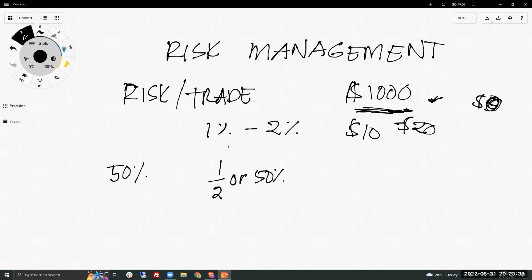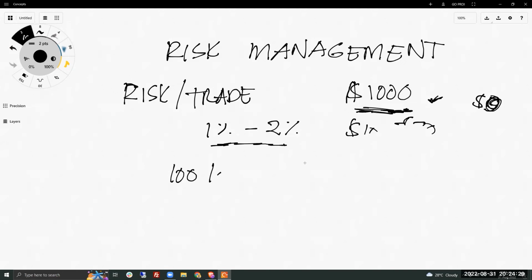And if you do that on the next trade, which is another 1/2, so that's 1/2 times 1/2. So you have a 25% chance of blowing your account, or burning your whole account. If 1%, then obviously 100 losses in a row.